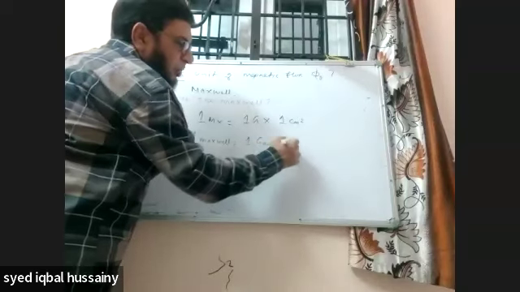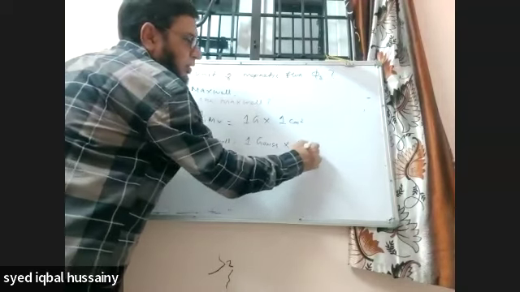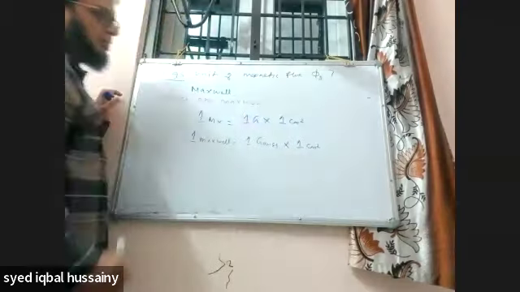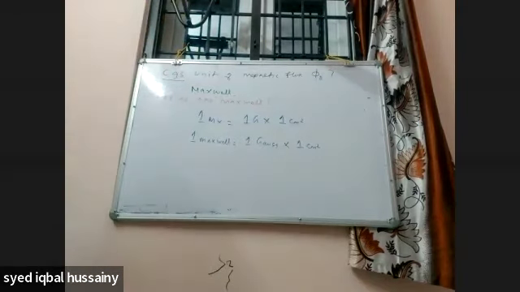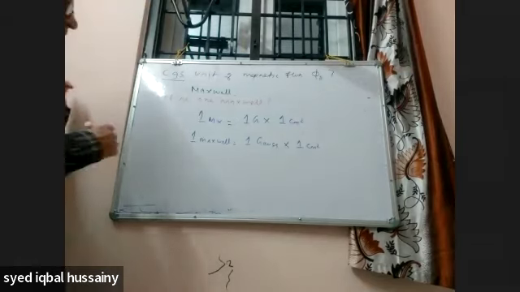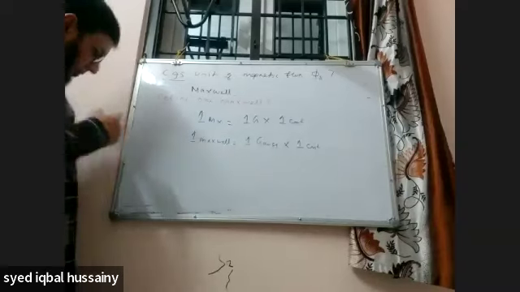In CGS units it is called Gauss. 1 centimeter square area.